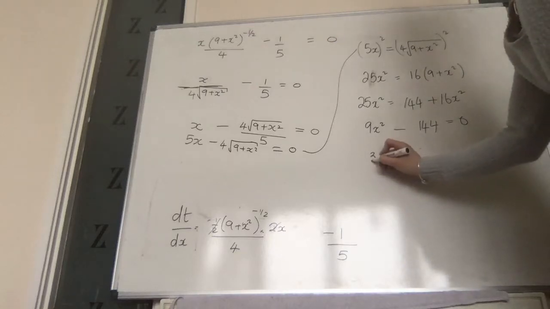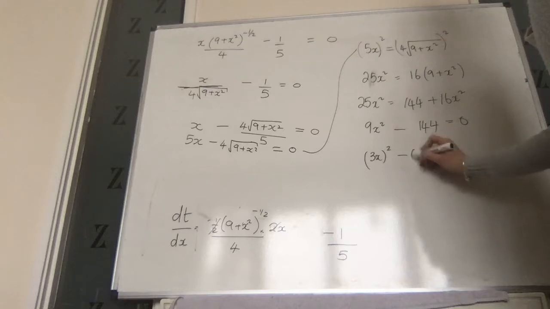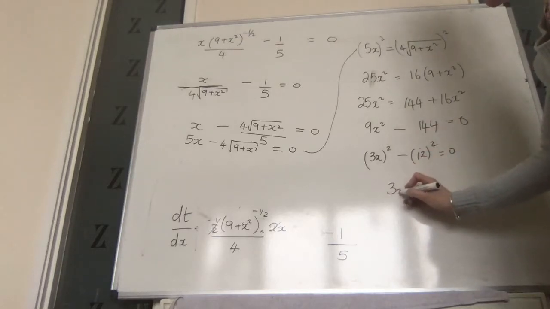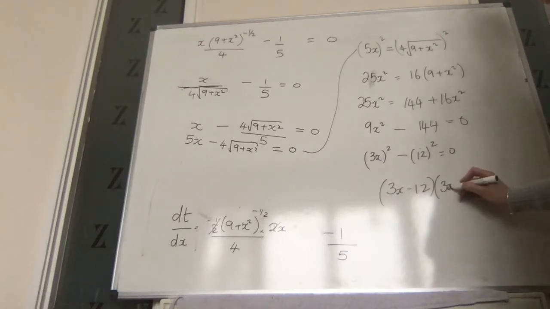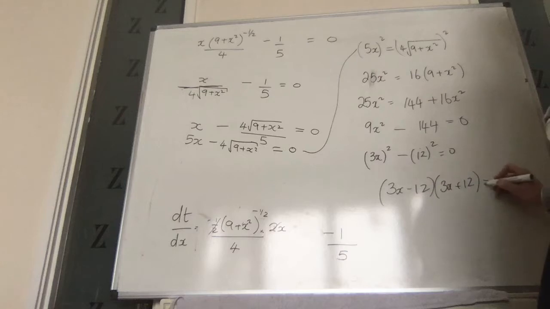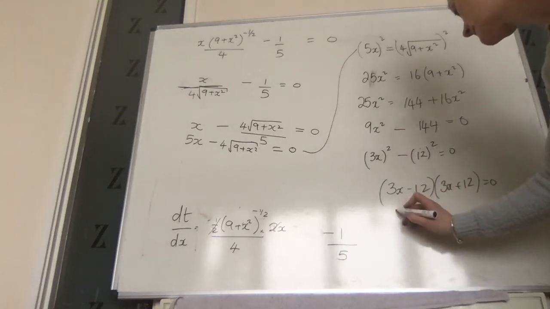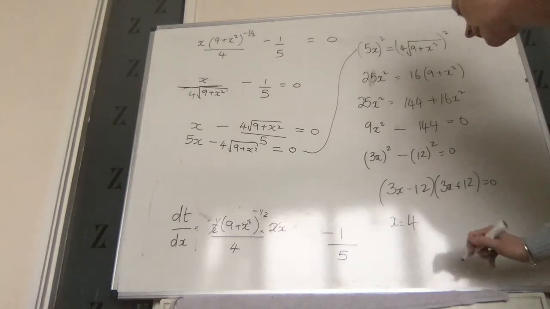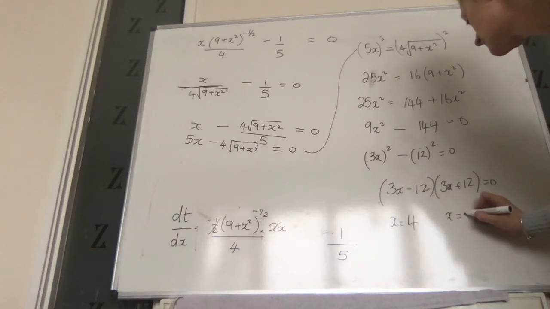And here we have 3x squared minus 12 squared is equal to 0. So a difference between two squares, 3x minus 12 times 3x plus 12 is equal to 0. That leaves you with 3x is equal to 12, x is equal to 4, and 3x is equal to minus 12. So x is equal to minus 4.